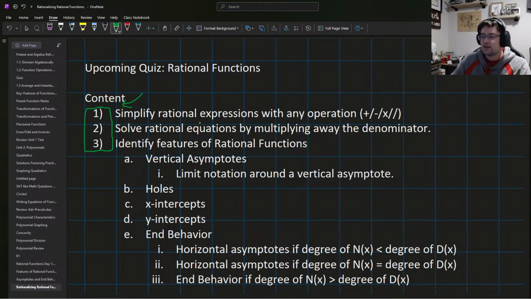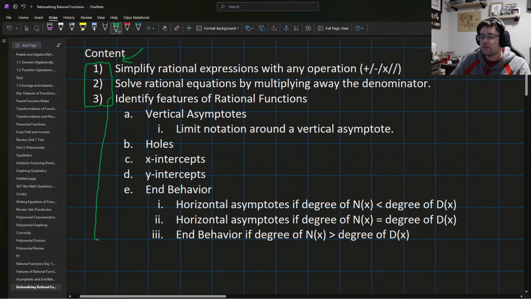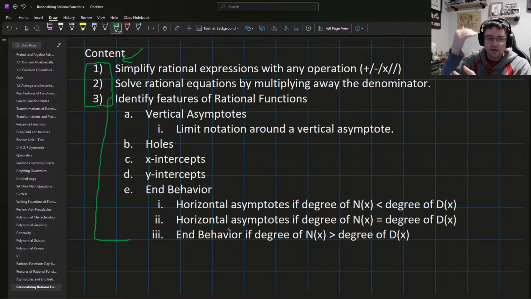It looks like there's a lot to do for topic 3, and I guess there is, but it's not going to be as important as making sure you have all 3 of these evenly distributed in your studies. So that quiz is on Thursday, and again, the third bullet point there, identify features of rational functions, is pretty extensive, but it's mostly vocabulary. The other 2 are much more algebra heavy.